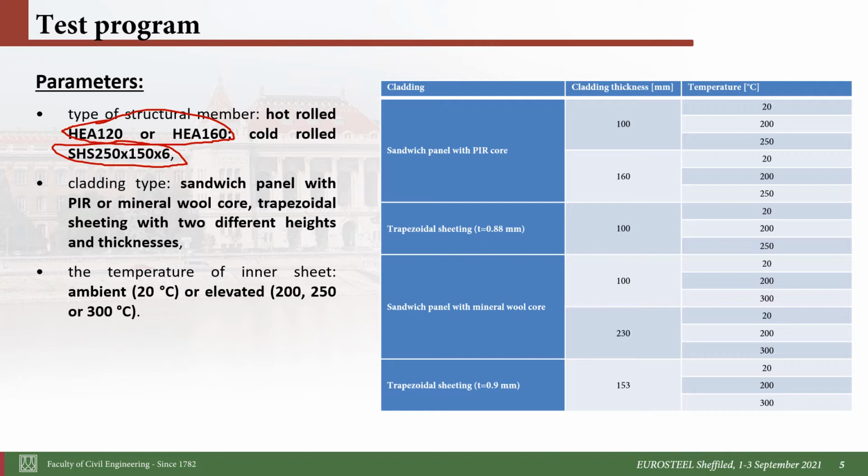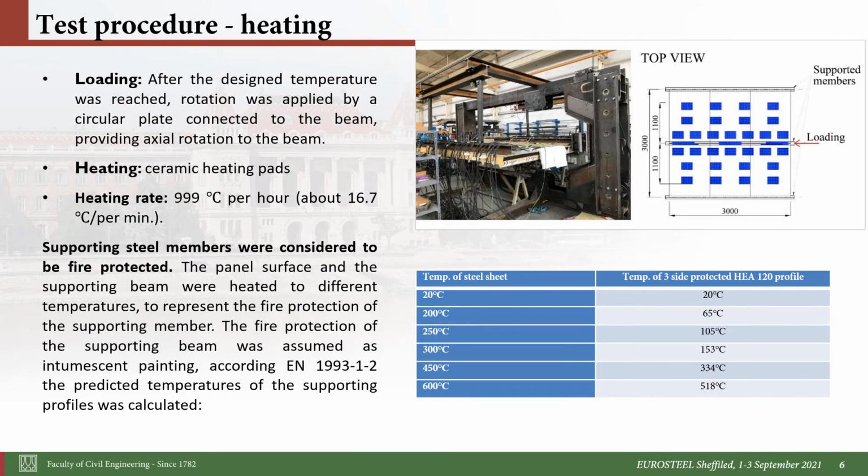You can see on the right side in the table that we had panels with PIR core. We had a mineral wool core, and we had trapezoidal sheetings as well. And all of these tests were carried out at ambient temperature and at elevated temperature. We went until 300 Celsius in this case.